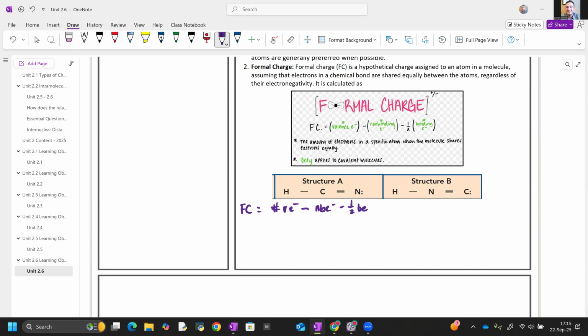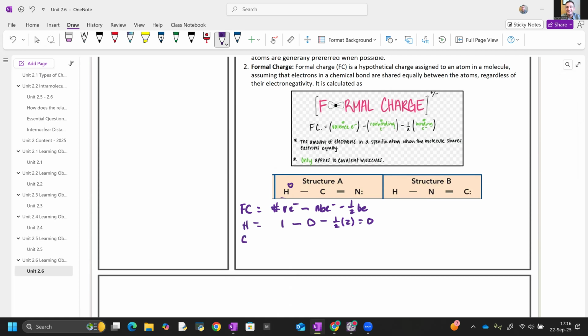Let's just put over here hydrogen. The formal charge of hydrogen is going to be 1 valence electron minus, in this picture, we don't have any lone pair, so the non-bonding electrons is 0, minus 1/2 of the bonding. We recognize that a covalent bond represents 2 electrons, so 1/2 of the bonding electrons, which is 2, and 1 minus 1/2 of 2 is 0. So the formal charge of this hydrogen here is 0.